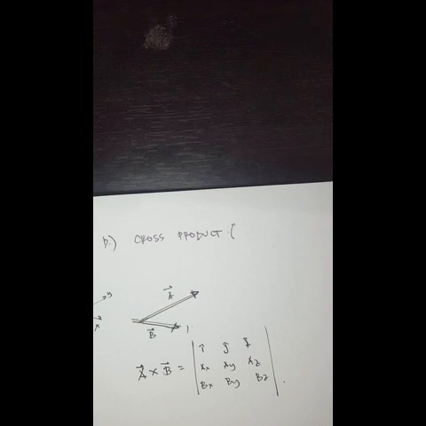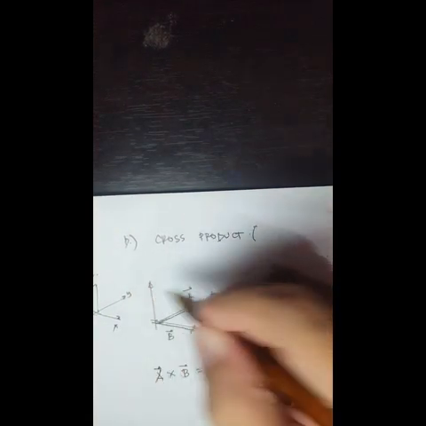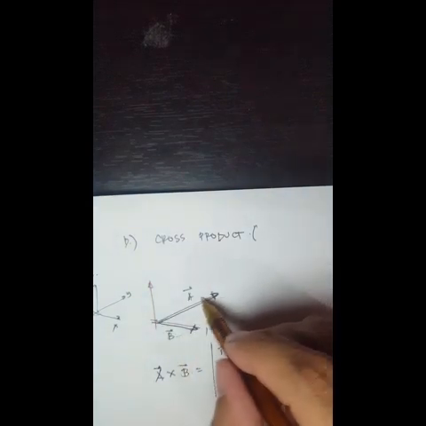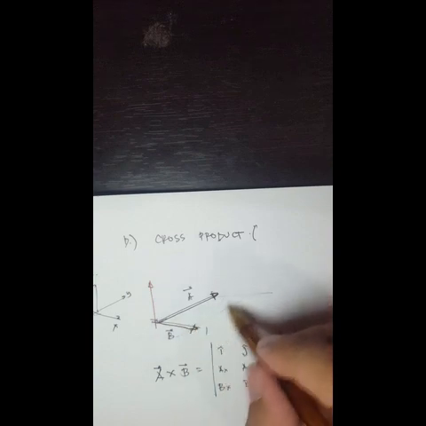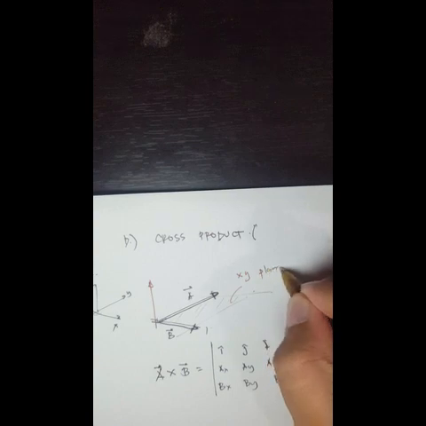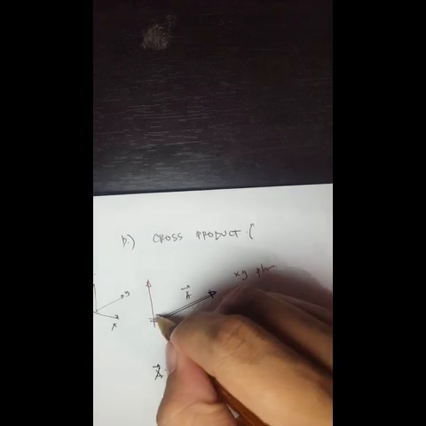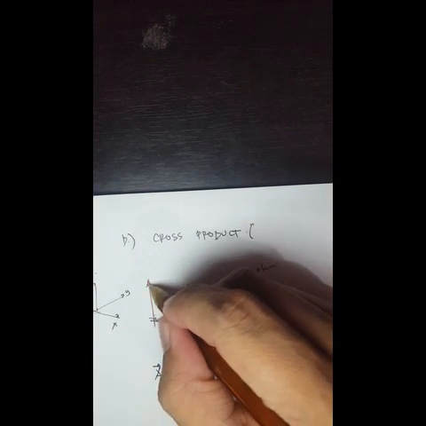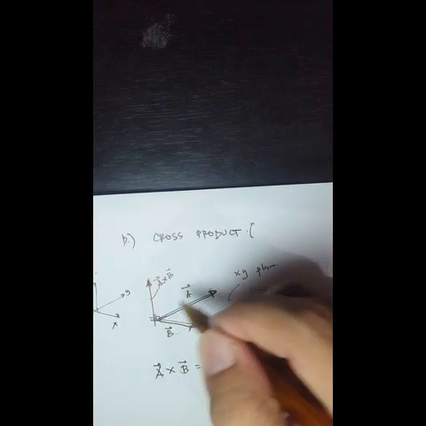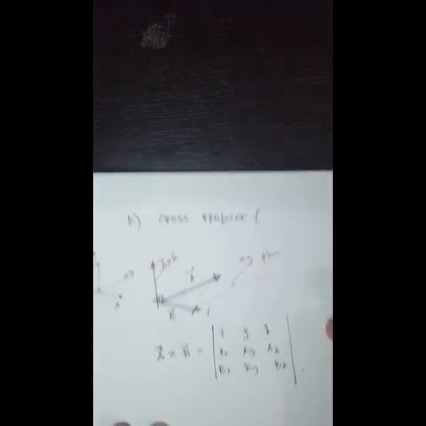What we get is a vector that is out of plane. This is the XY plane, and A cross B is out of plane. That vector is perpendicular to both A and B.